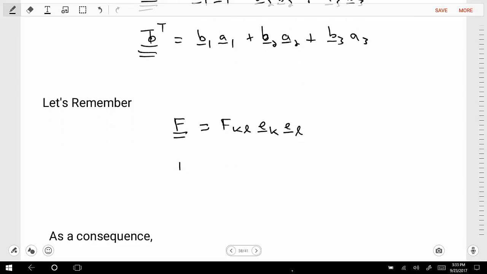Okay, well then, if we did the transpose of this tensor, we would find that the components f_kl remain the same, but we switch the position of our base vectors. So we can find the transpose of a tensor by switching the order of our base vectors, in essence transposing the base vectors to switch the position of each of these components.